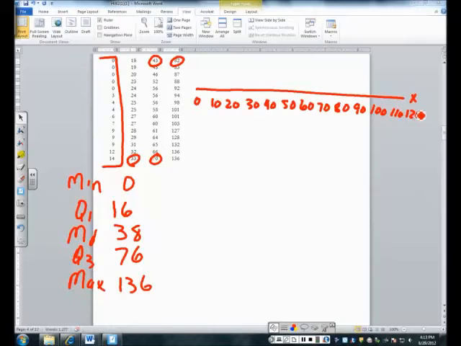120 and 130. So I should have drawn that down a little bit here. Okay, so the box of the box plot extends from Q1 to Q3, or from 16 up to 76, somewhere around here.